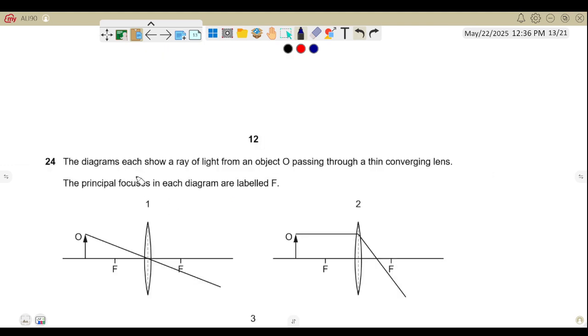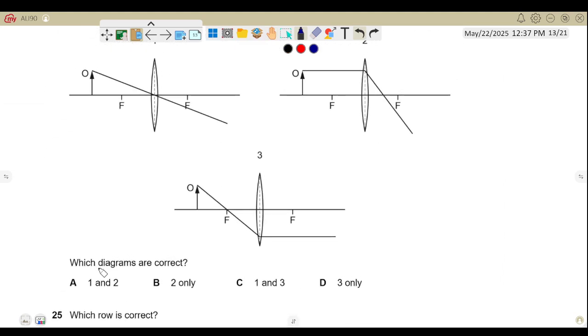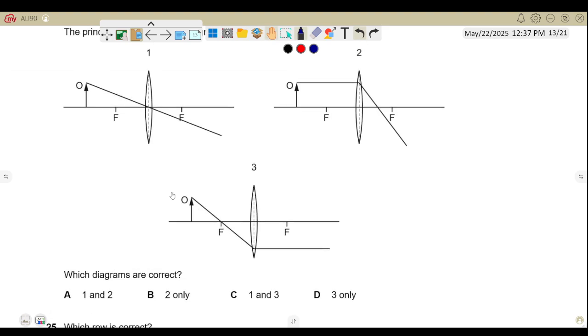The diagrams each show a ray of light from an object O, passing through a thin converging lens. The principal focuses in each diagram are labeled as F. Which diagrams are correct?